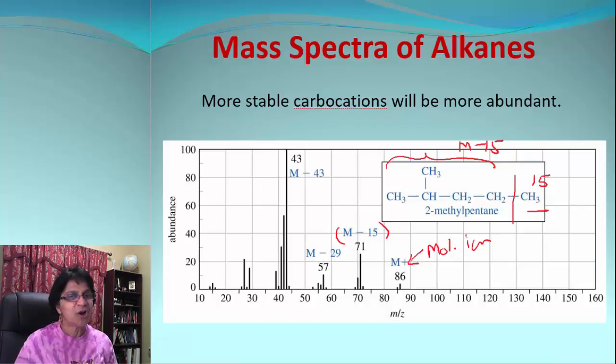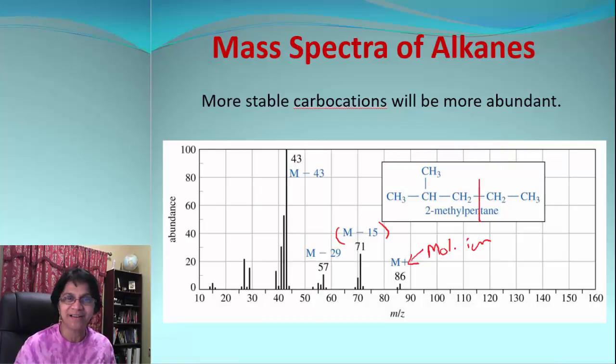What if we decide to chop it at some other place? So the next cutting will be, suppose, over here. We end up having an ethyl group, CH2CH3, and we also have a remaining group over here. So what is the total mass of CH2CH3? This will be 29.